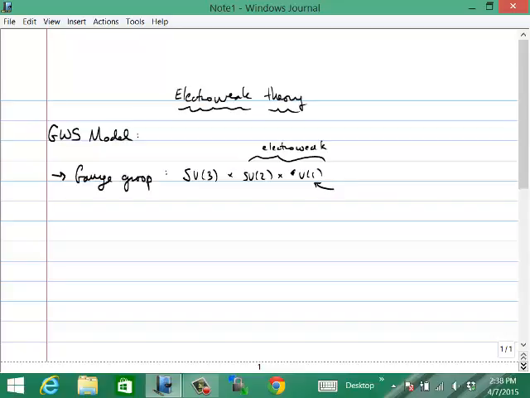The U1 gauge theory, when we write out the SU3 times SU2 times U1, is not electromagnetism, but rather is something that we refer to as the hypercharge gauge symmetry of the Standard Model. What we think of as electromagnetism is some linear combination of hypercharge along with some U1 that's sitting inside the SU2 group. This is something that we'll see in a little bit. This is a consequence of the Higgs mechanism. So that's the force carriers of the Standard Model.